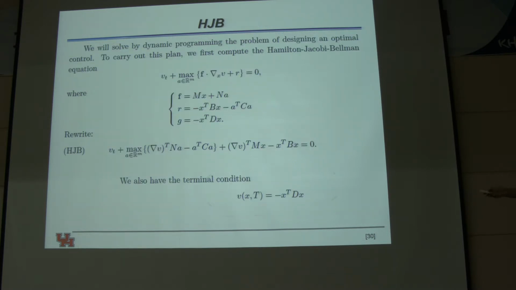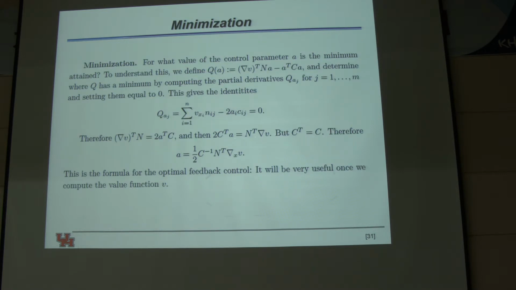And then the HJB equation will look very nice in this way. And then we can solve for the optimal control alpha by solving this equation at any time t. Any time t. So basically, this is an HJB equation. And then for this kind of thing, this is called the Riccati equation.